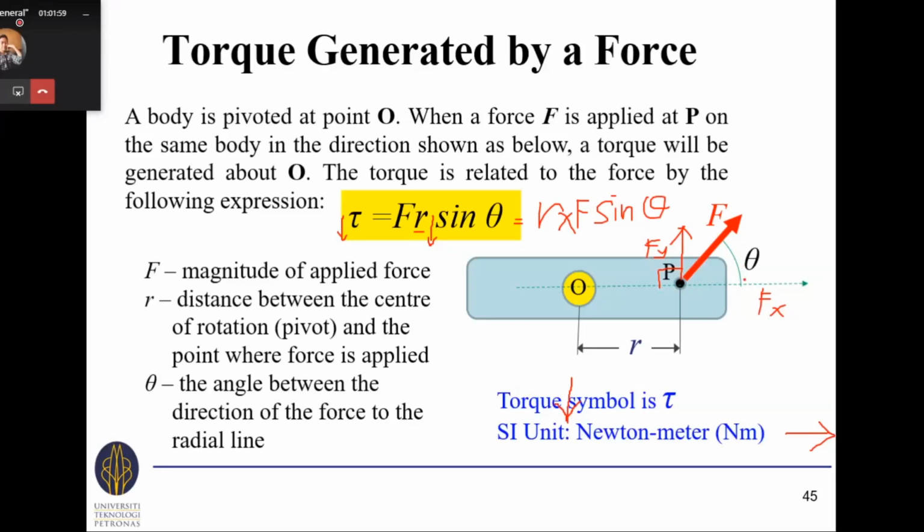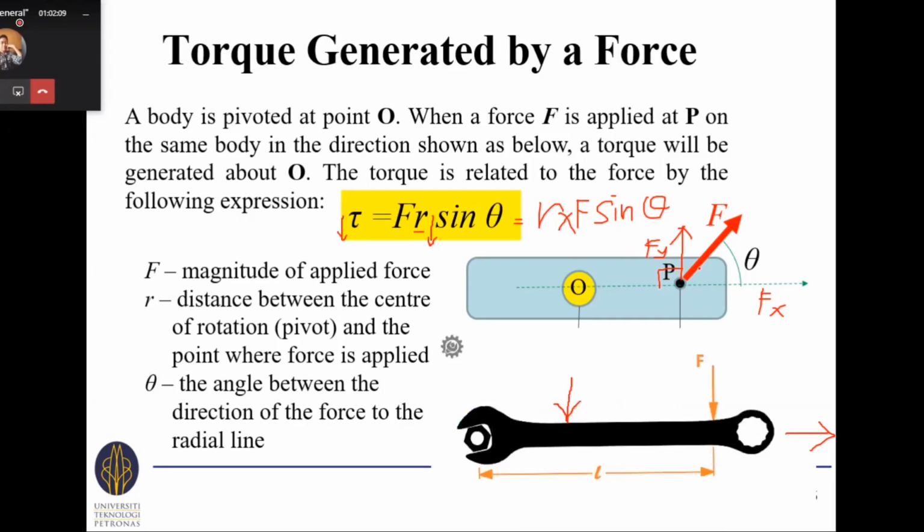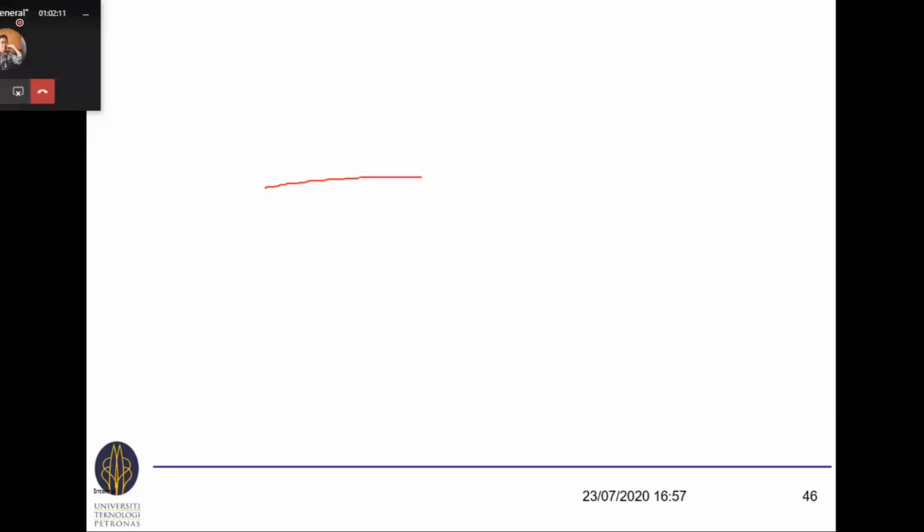So you have to resolve it into Fx and Fy. Fx is in the x-axis, Fy in the y-axis, like that. So allow me to use this part. Let's say this is the plank from just now. You have the axis of rotation right in the middle.